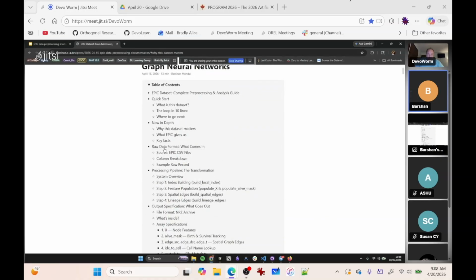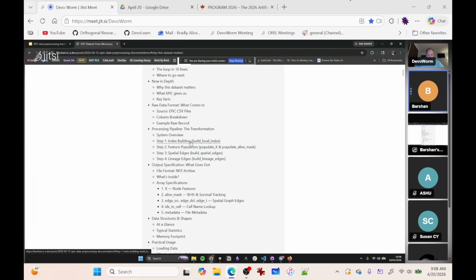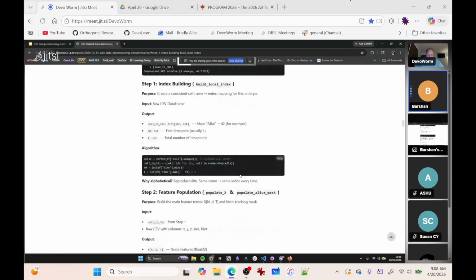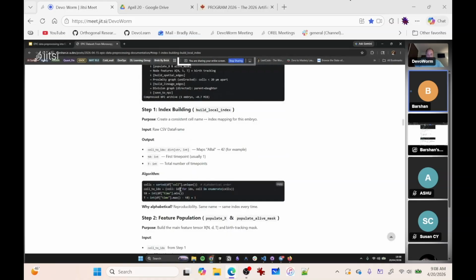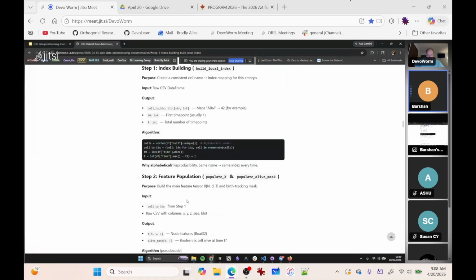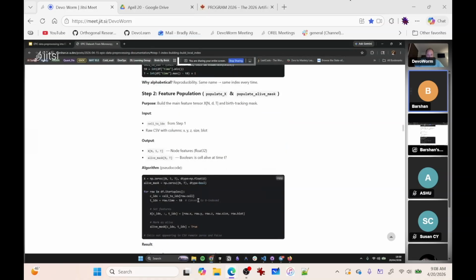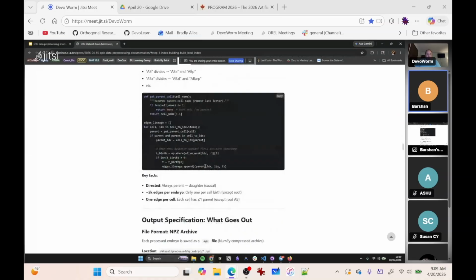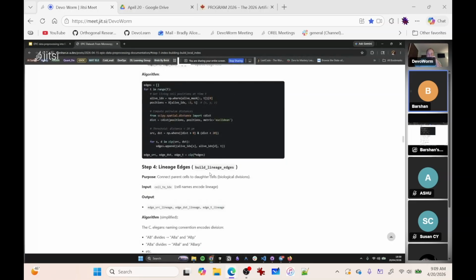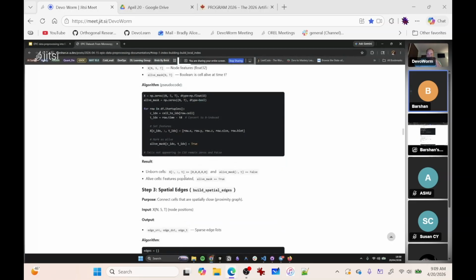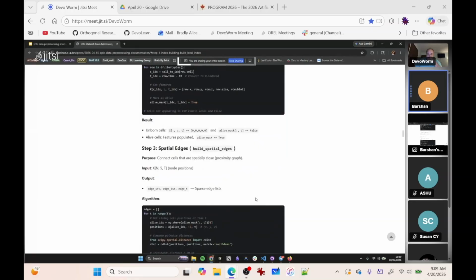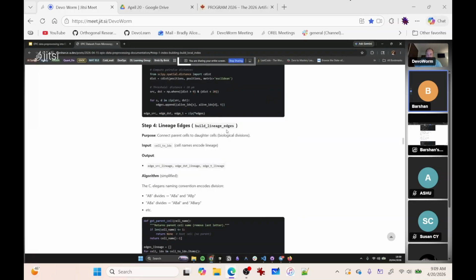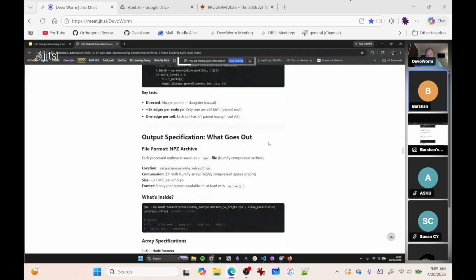After that, we have the raw data format. I talk about the EPIC CSV files and the column breakdown. Then I go through each of the functions in my pipeline with the code, which is also available there. I've noted down how each function works, with an example. These functions build the edges: spatial edges depend upon the Euclidean distance, and linear edges depend upon the connections.